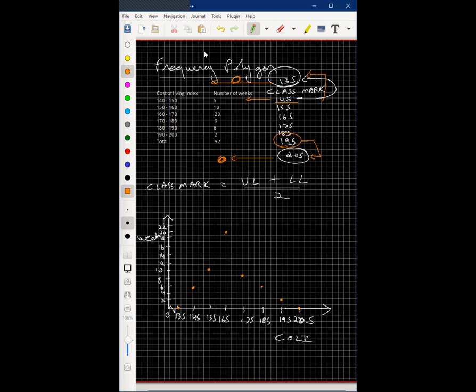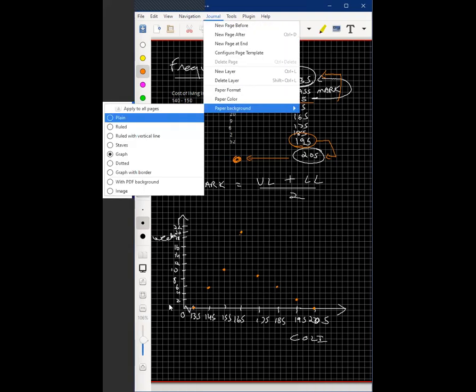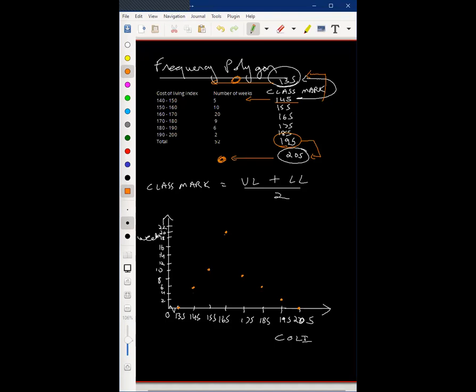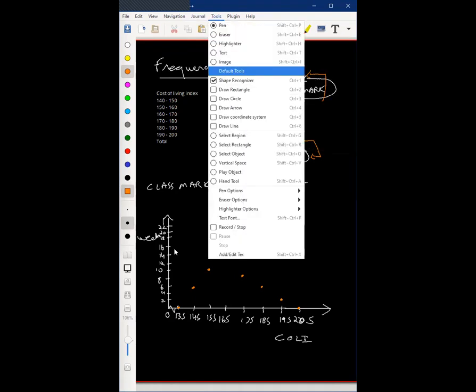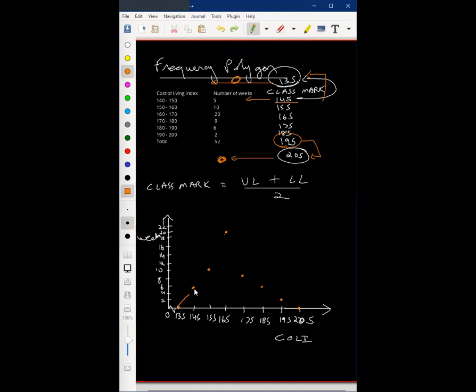Is this clear, everyone, so far? And then what do we do? We connect this with a straight line now. Please remember this, instead of making it a dotted line, if we have only this, then we connect it with a straight line. And we label them as usual.